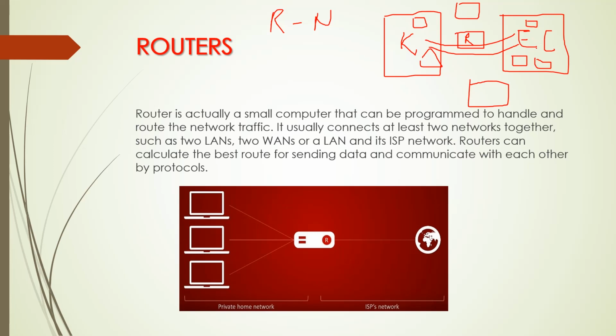Let's suppose in Electronic City there are 10,000 houses, so we have to keep track of all these 10,000 houses. For this we will deploy switches inside a network. The switch will be inside the network and the router will be outside the network. The router connects different networks, but the switch connects different nodes inside one network.